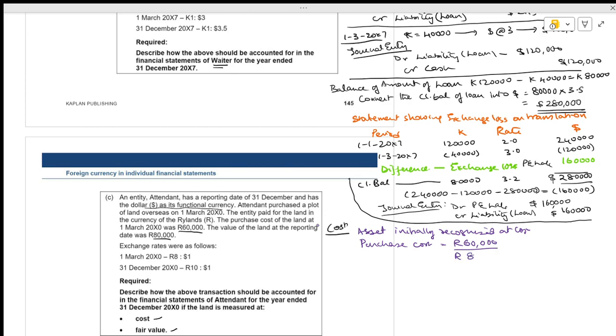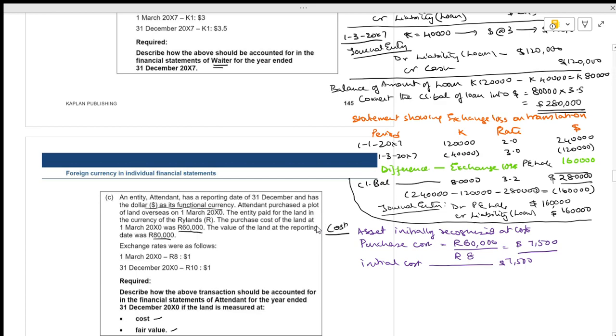Rylands is 8, so it comes to $7,500. This has to be recognized at the initial cost. What is the initial cost? Initial cost is 7,500.